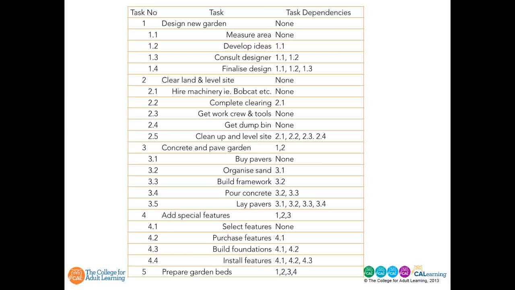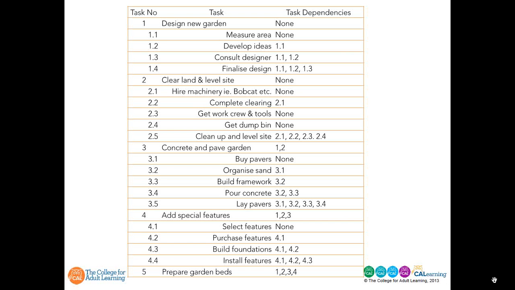But if you move on to clearing the land and levelling the site, you can see that 3 of these 4 activities have no predecessors, so they can all be done at the same time or in any order, but number 3 needs to be done before activity 2.2, complete clearing, can be fully done. So immediate predecessors define the structure of your network diagram, as you can see here.